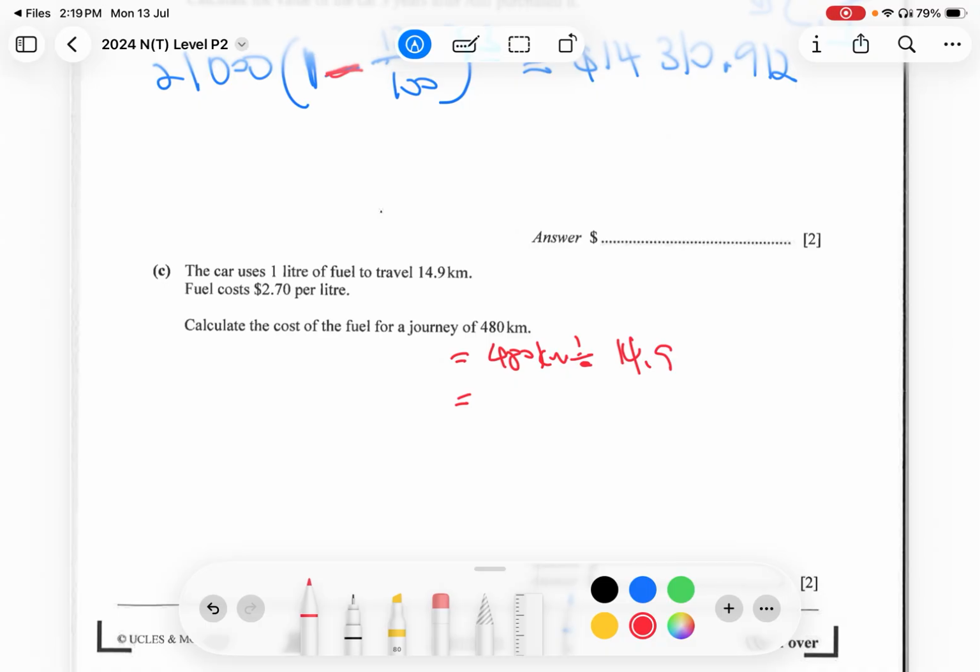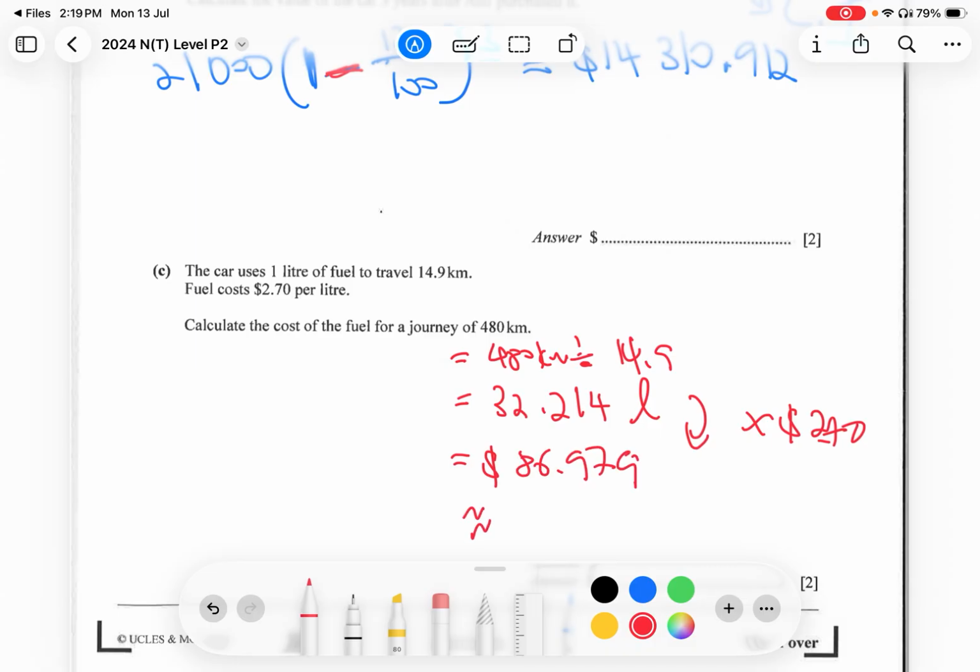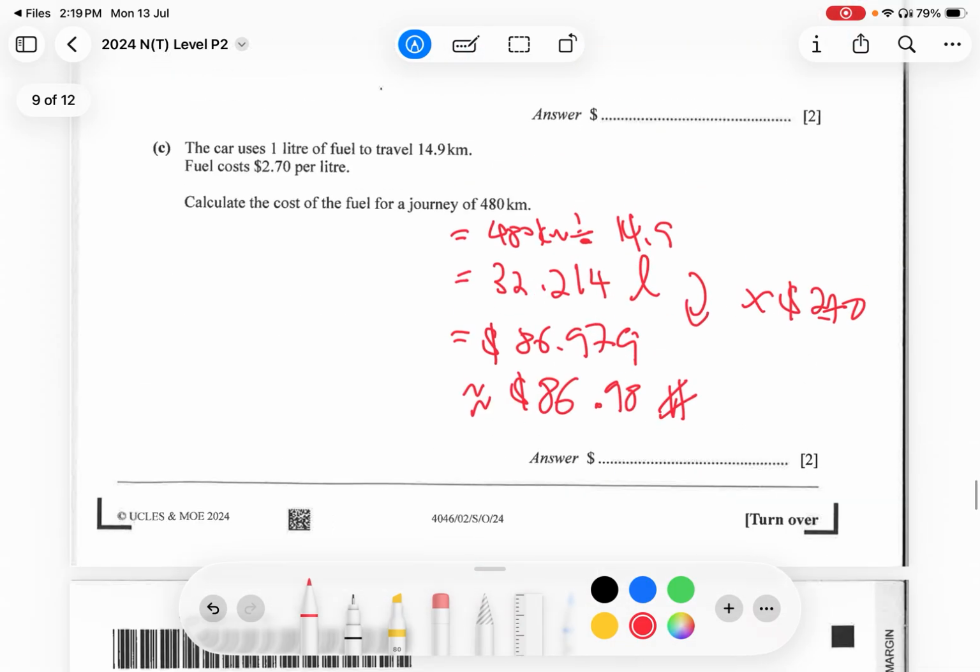They need 32.214 liters. So each liter is $2.70, so it becomes 32.214 times 2.70, which is $86.979, so $86.98. For this, money is 2 dp.